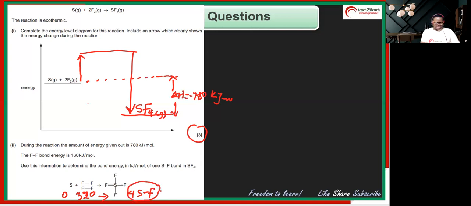They told us that minus 780 is equal to plus 320 plus something. Let's say plus x.